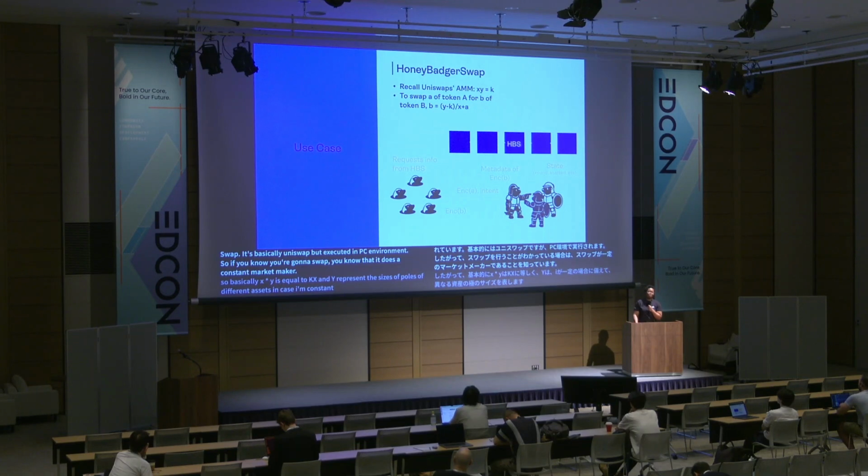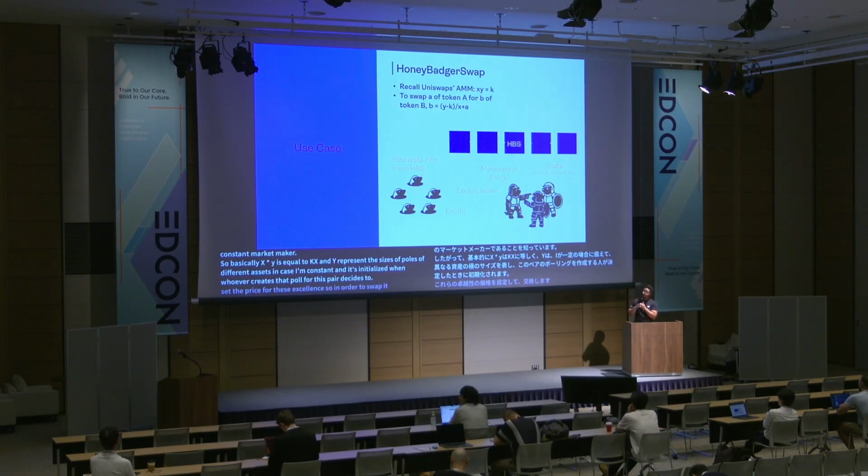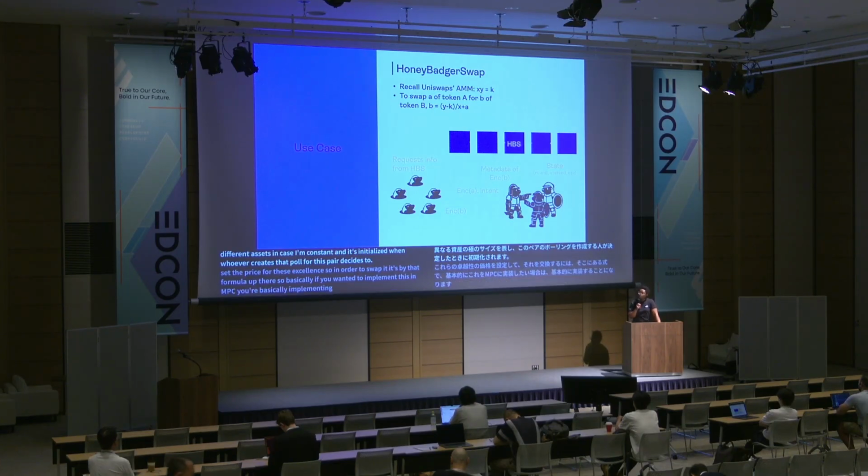And it's initialized when whoever creates that pool for this pair decides to set the price for these assets. So in order to swap, it's by that formula up there. If you wanted to implement this in MPC, you're basically implementing this: b equals y minus k over x plus a function.